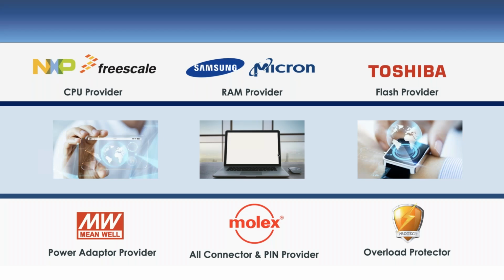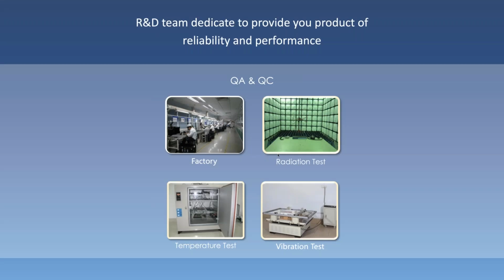We choose those providers very seriously, so you're going to see that we have NXP Freescale as the CPU provider. We use Toshiba. Anyway, those providers are pretty good, so we can provide a very good system because of them. And of course, we also have our own factory. We have our own laboratory, so we did lots of tests, just to make sure the whole system is very stable and reliable.